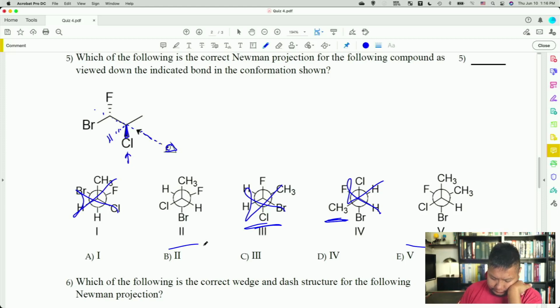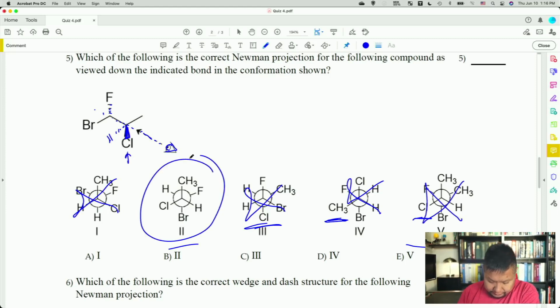The other thing to notice is that while chlorine is coming out of the paper, going to the left because of a solid wedge, the fluorine over here has a dashed wedge, which means it's going back into the paper. If you're looking down that bond, that fluorine is going to the right. This one has fluorine and chlorine on the same side, so it can't be that one. So that's why your answer is structure 2, B.